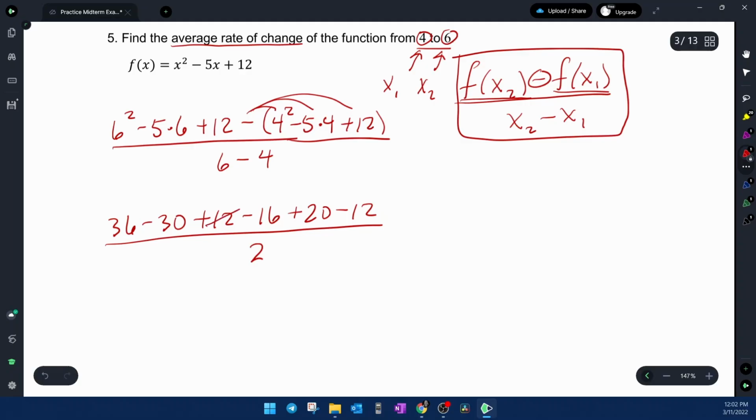And then to simplify, plus 12 minus 12 cancel. 36 minus 30 is 6. Negative 16 plus 20 is 4. 6 and 4 is 10. 10 over 2 is 5.